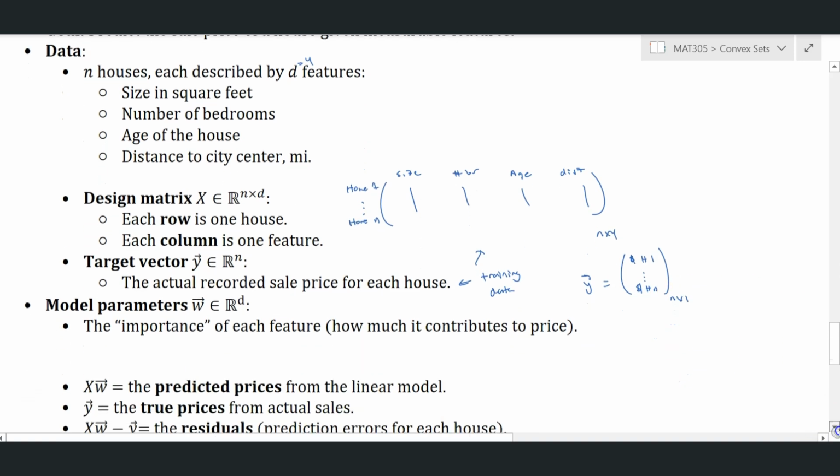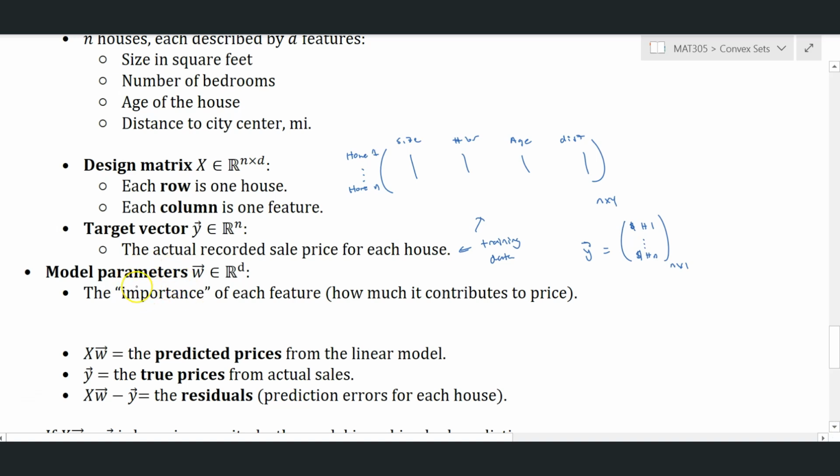And okay, here's what we want to optimize. We want to create some model parameters w on this linear model, and w will be a d by 1 vector. So basically it'll be a 4 by 1 vector, 1, 2, 3, 4. And inside of this d by 1 vector, we'll have these weights that will indicate how important each feature is in contributing to the price.